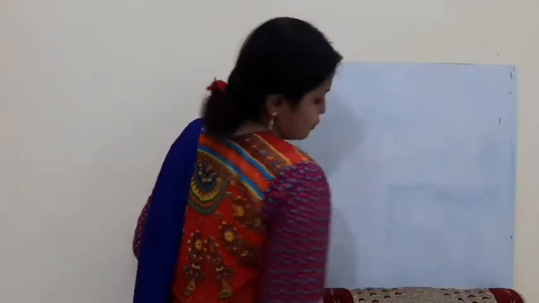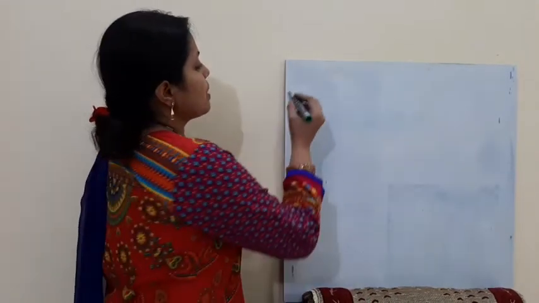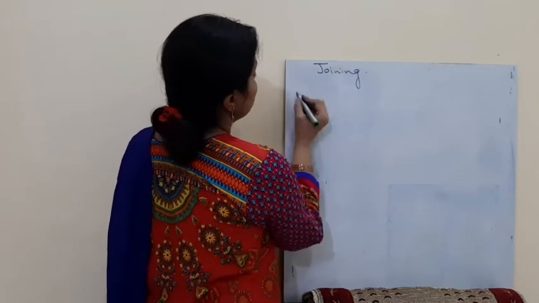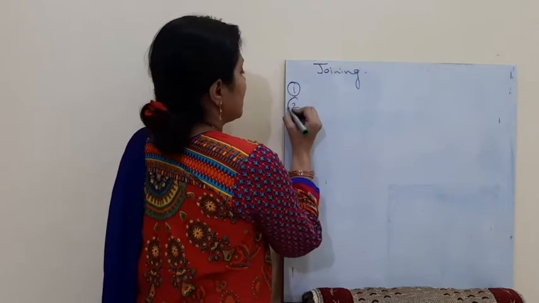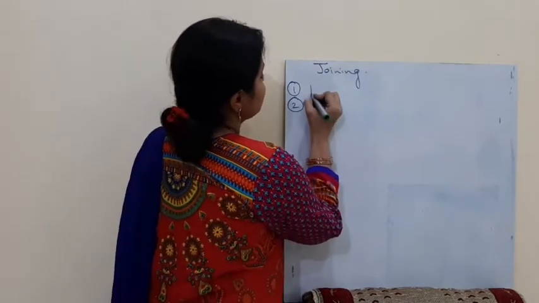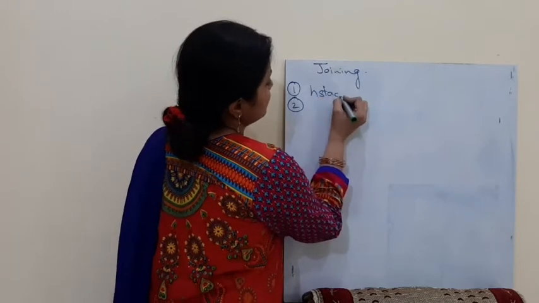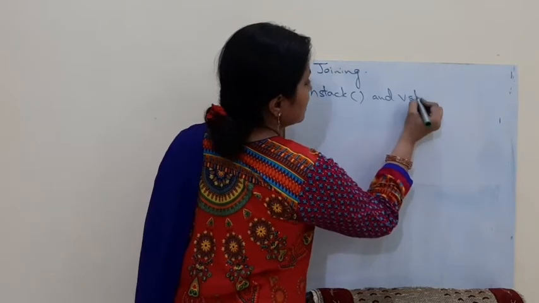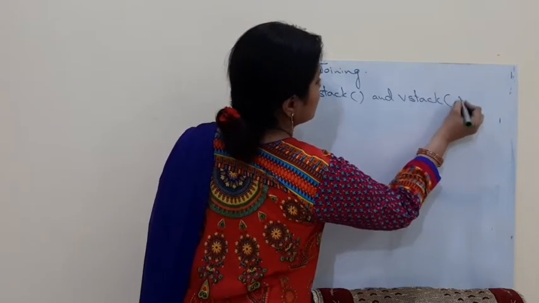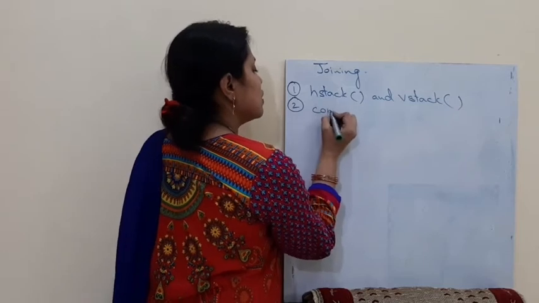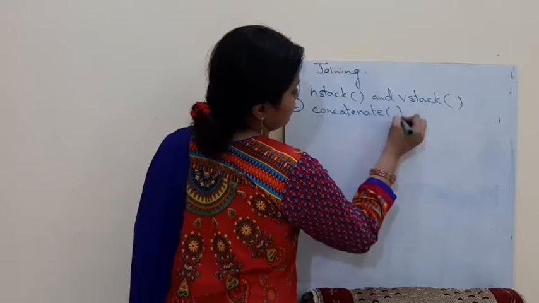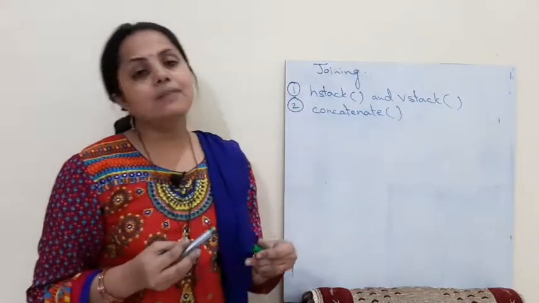For joining or concatenation of arrays, we use basically three functions, but two I keep in one category and the other one is separate: hstack and vstack, and the other one is the concatenate function.